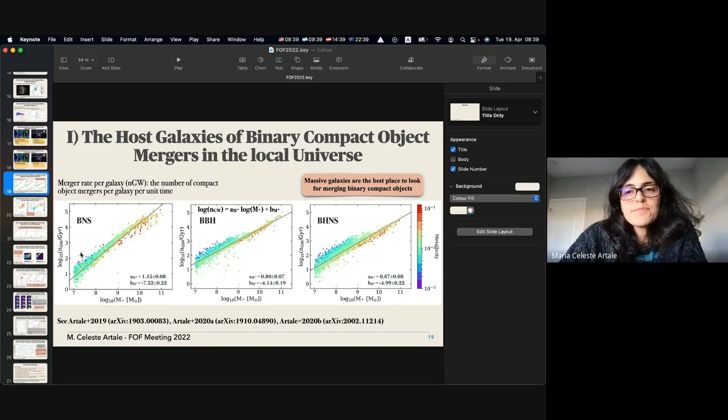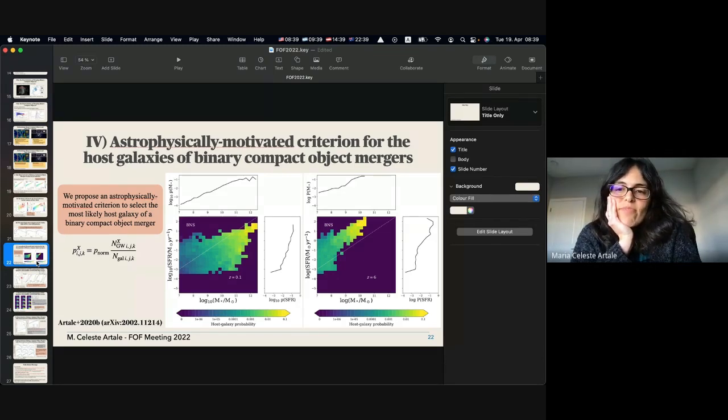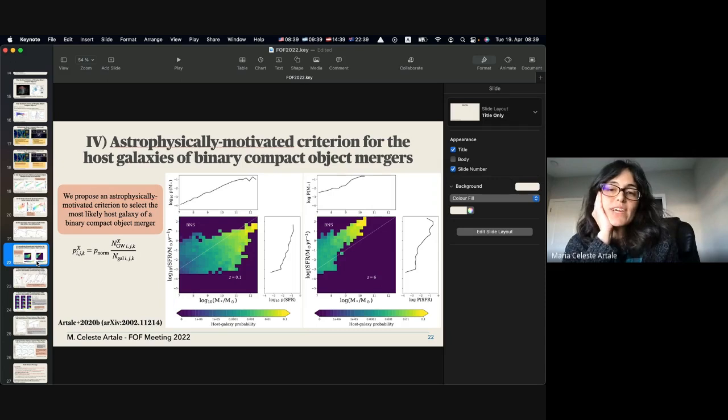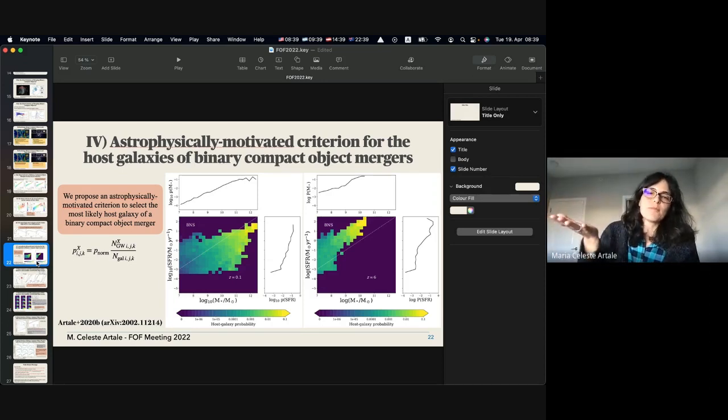It's a good point, but this is something we discussed a lot in the past. The fact that we have many more events in the massive galaxies, that's why we expect that they are the most likely.